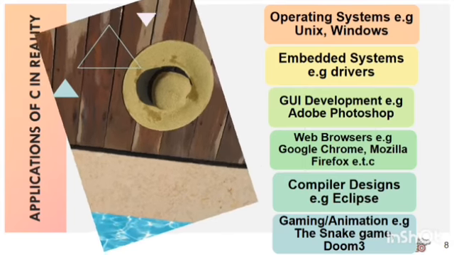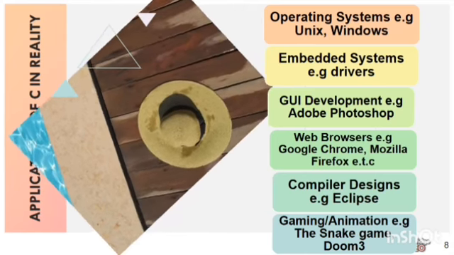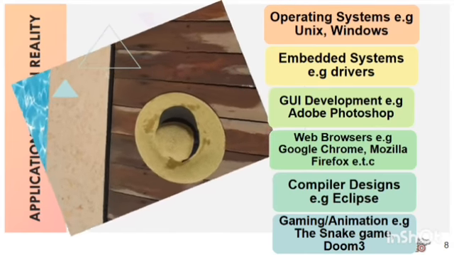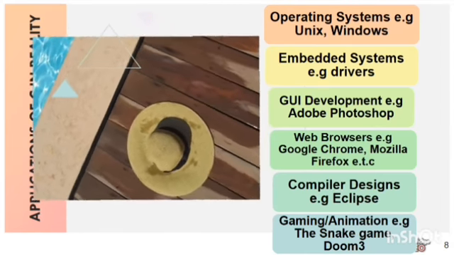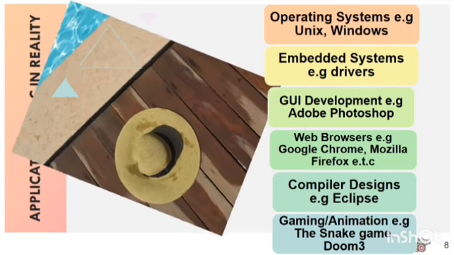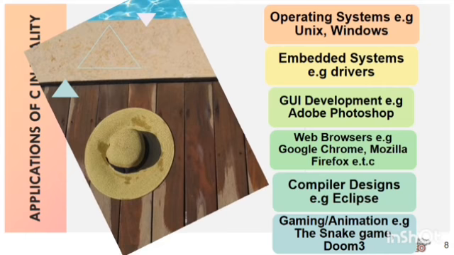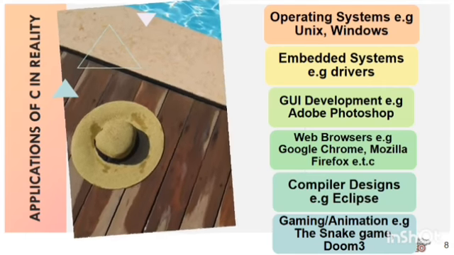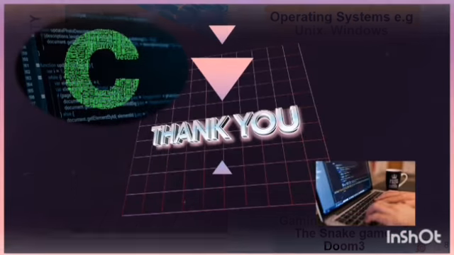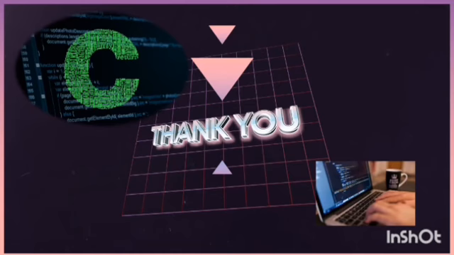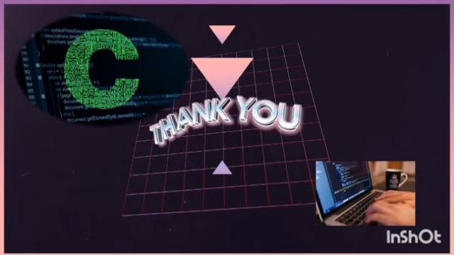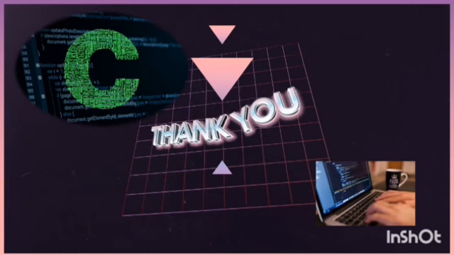Embedded systems, like the drivers that link our hardware and our software, are also works of C. Graphical user interfaces, for example Adobe Photoshop, which is used for graphics, are also built using C. What about web browsers that we use for browsing? They are also C oriented. So as we can see, C is a very powerful language for beginners and for professionals.